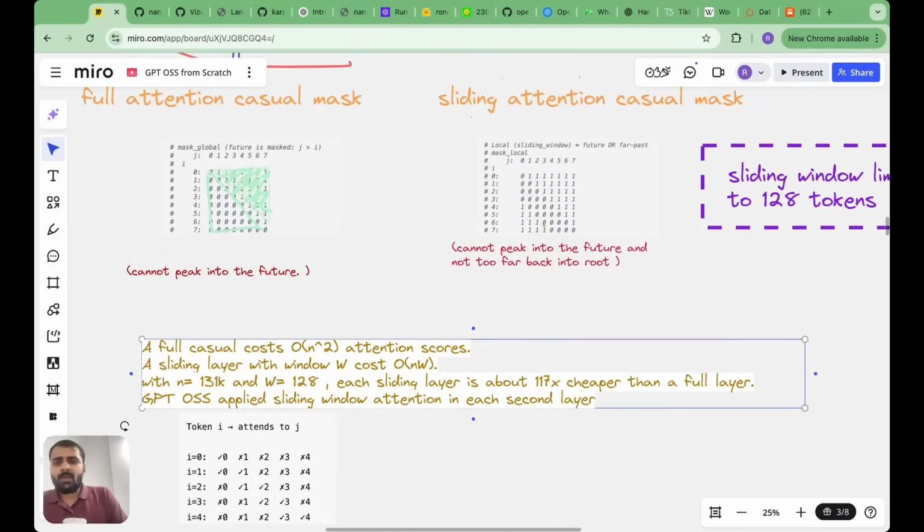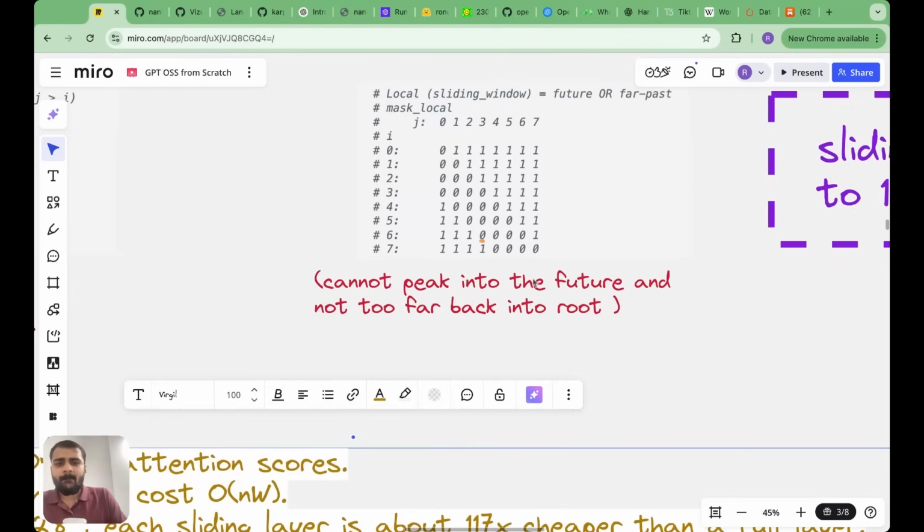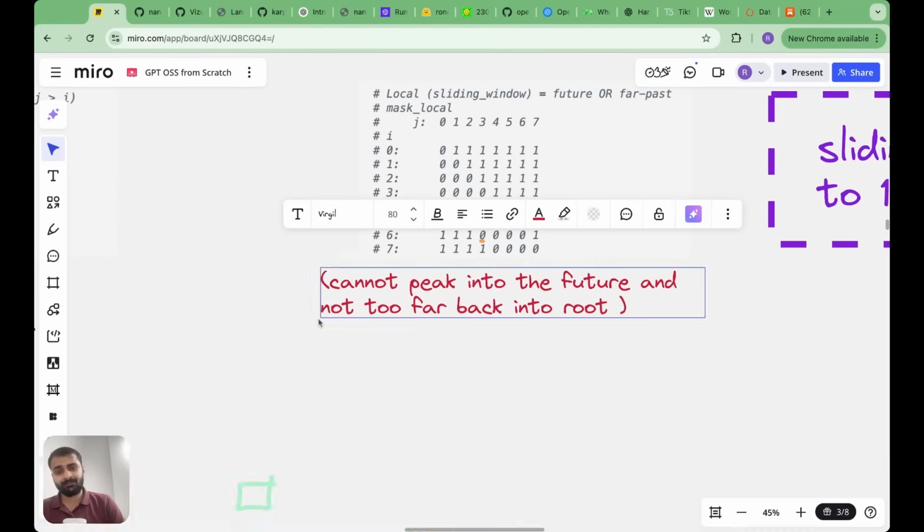So instead of doing a causal attention mask like this, people thought about a variation where we restrict every token from looking into the future. We will maintain that. But at the same time, what if we restrict every token from looking too far back into the past as well?